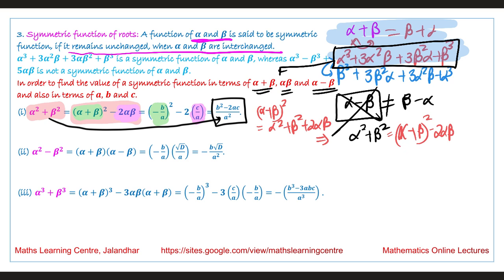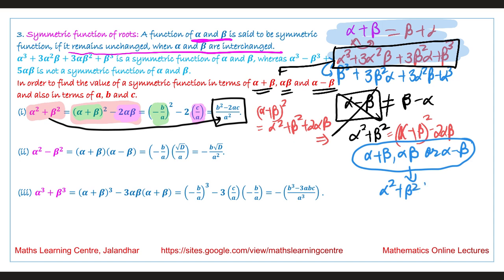So what we are trying to say over here is, suppose we are given a quadratic equation whose roots we do not know, but we know the value of the sum of the roots, the value of the product of the roots, or the value of the difference of the roots, and we have to calculate the value of alpha square plus beta square.